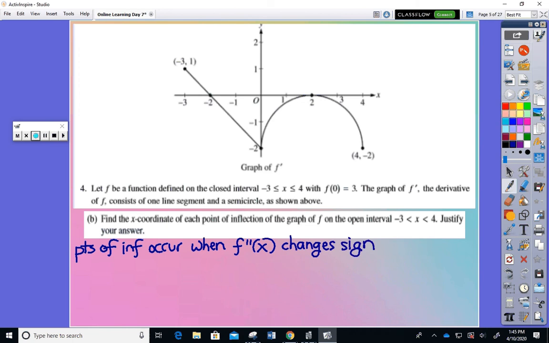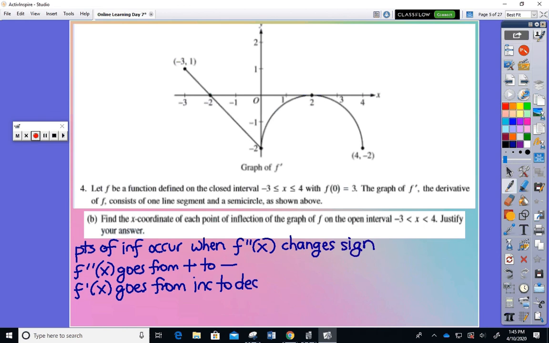Now, remember, the derivative of f prime is f double prime. So if f double prime changes from positive to negative, that means that f prime of x goes from increasing to decreasing.